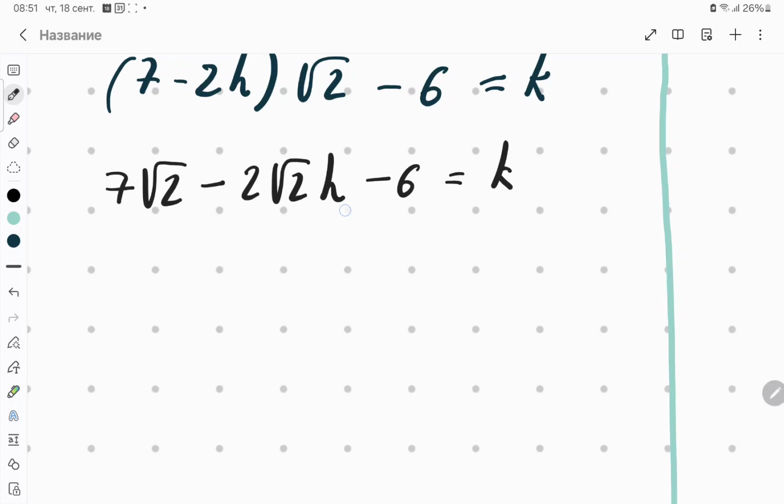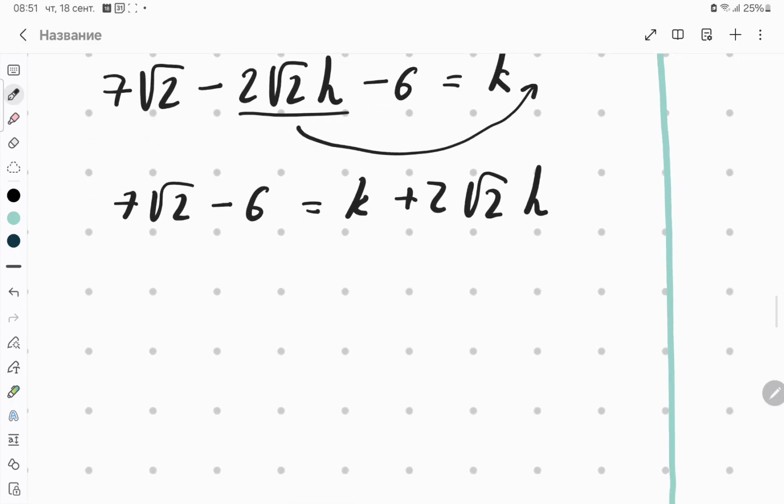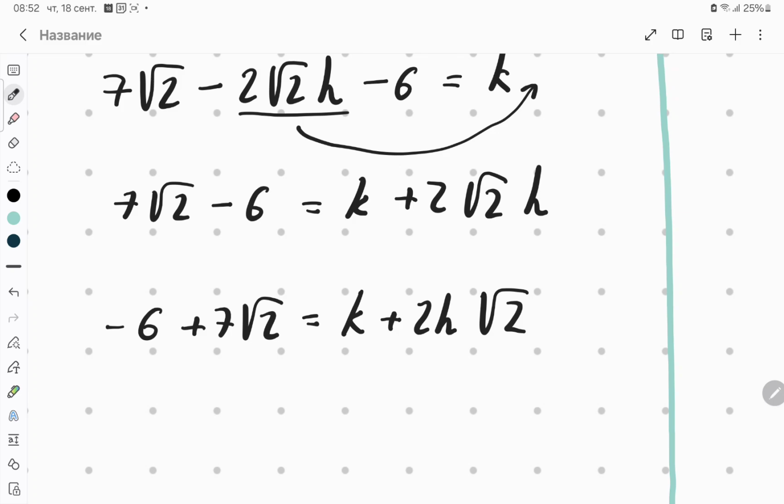So 7 square root 2 minus 6 is equal to k plus 2 square root 2h. Now let's rearrange, let's change the order. So negative 6 plus 7 square root 2 is equal to k plus 2h square root 2.